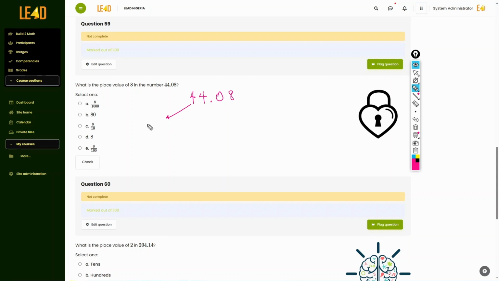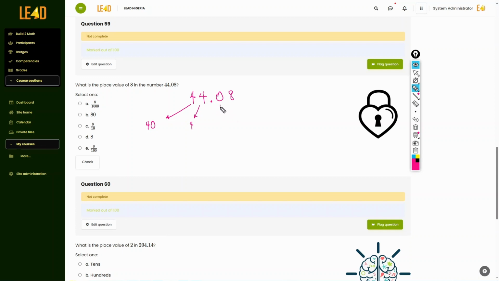So we have 4 here is 40, because remember, the way you get the value of the number is you turn everything else to 0. So if I turn everything else to 0, I have 40.00, which is just 40. This is just 4. The value of this is 4.